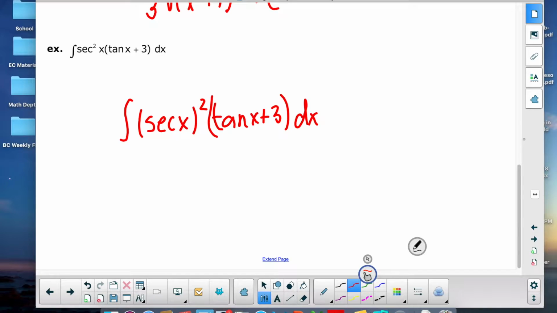Our dx equals du over the derivative. So the question becomes, if I take the derivative of the tangent x plus 3, will that eliminate him? Or if I take the derivative of secant, will that eliminate him?